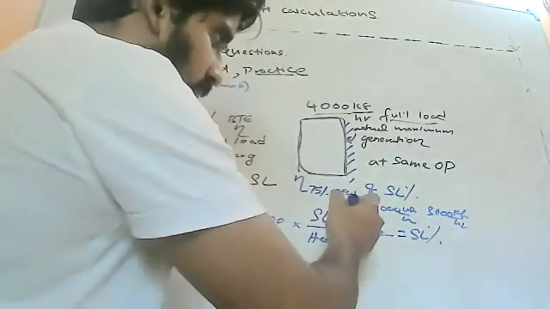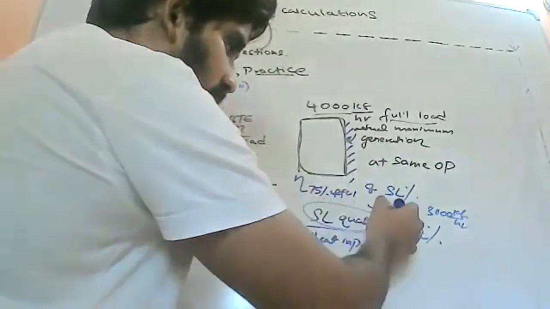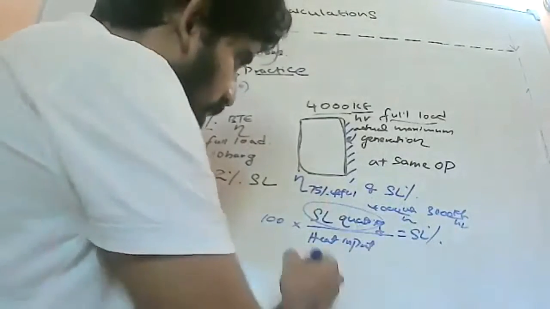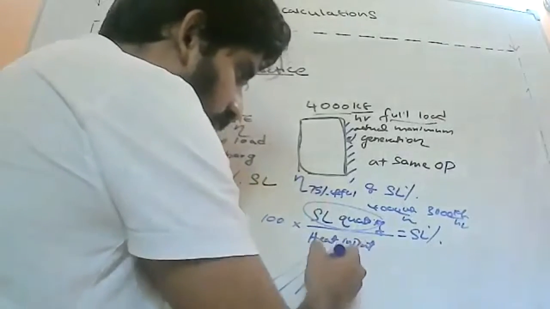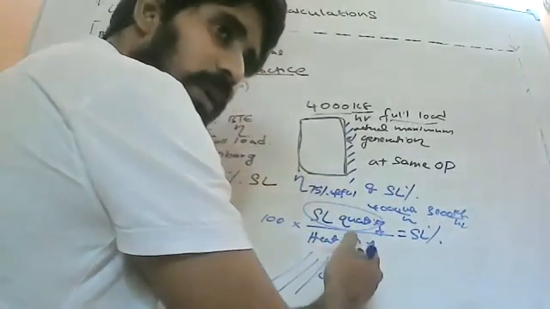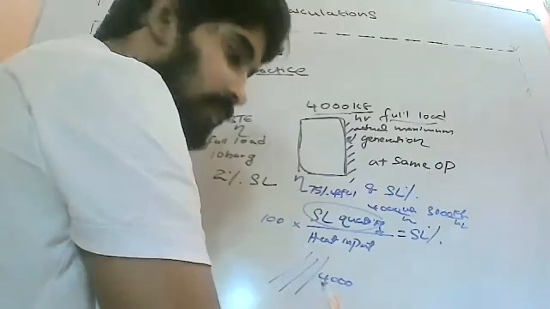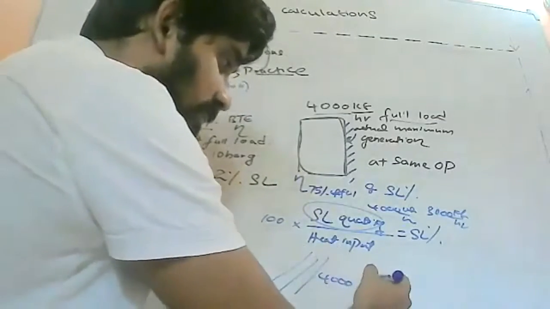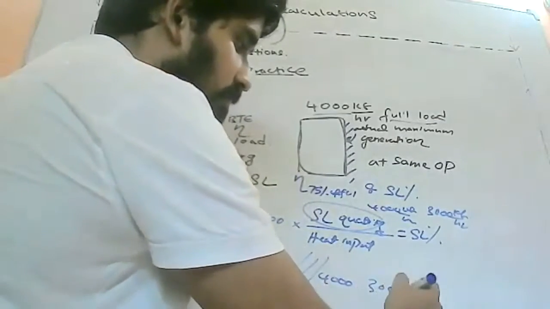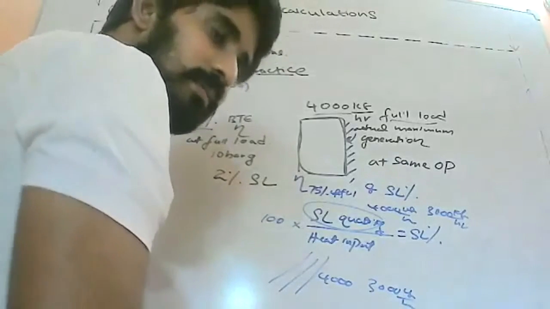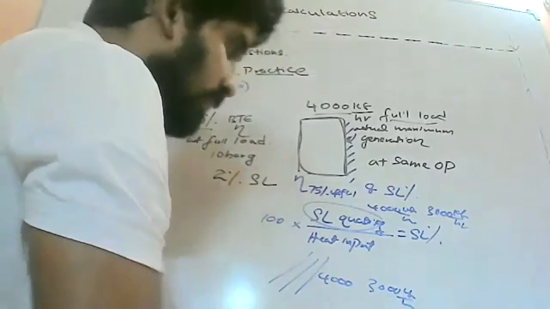So the surface loss quantity will be the same, no problem. But the energy input at 4,000 kilograms per hour load is higher than the energy input when the load is 3,000 kilograms per hour. Did you get that point? Because the input energy quantity is higher when you are giving 4,000.